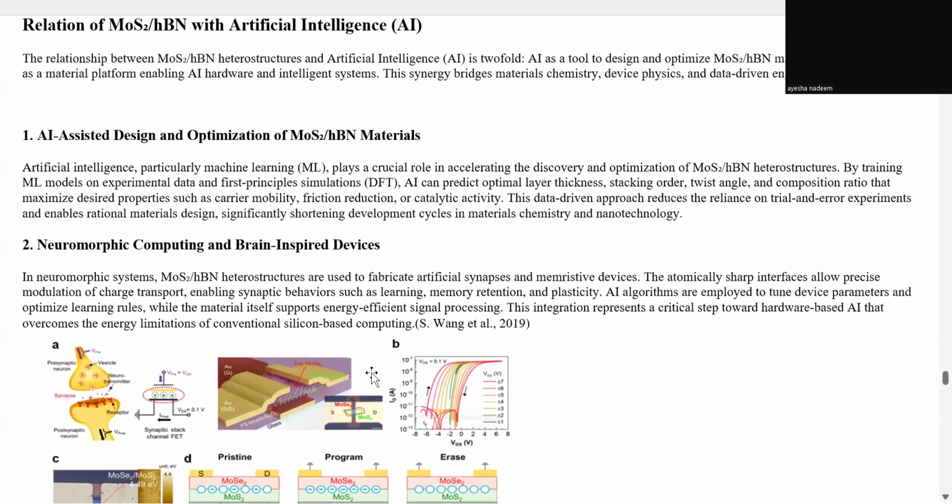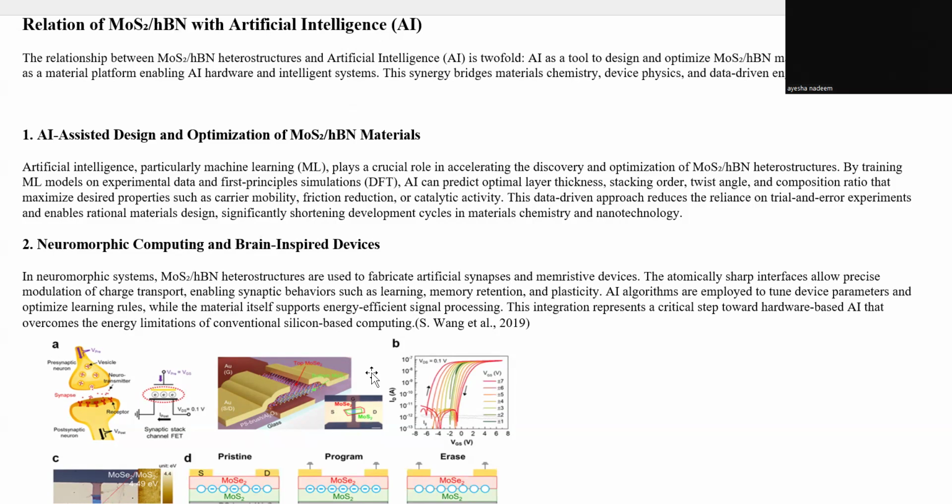The first is AI-assisted design and optimization of molybdenum disulfide and hexagonal boron nitride materials. Artificial intelligence, particularly machine learning, plays a crucial role in accelerating the discovery and optimization of molybdenum disulfide and hexagonal boron nitride heterostructures.